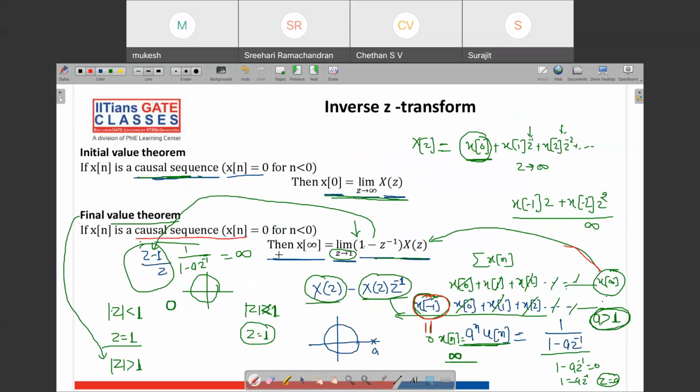But if it is anti-causal, when you apply the limit to infinity here, you will get x of minus 1 and x of infinity both. So it will be something like x of infinity minus x of minus 1, if it is non-causal or anti-causal. That's why we should not use it for a non-causal signal. Okay, clear, sir.